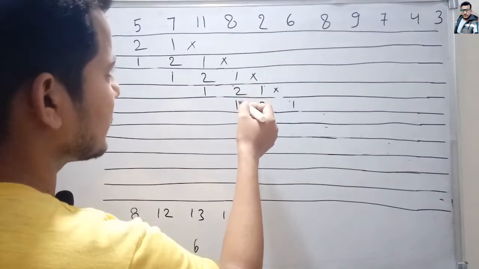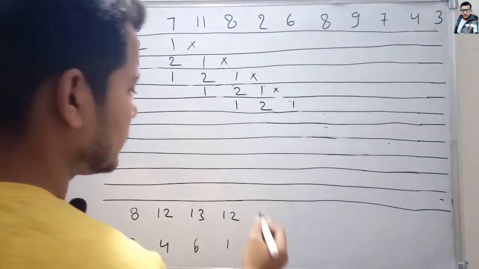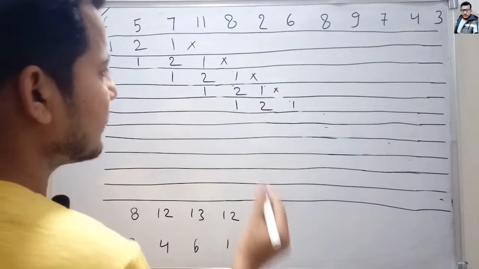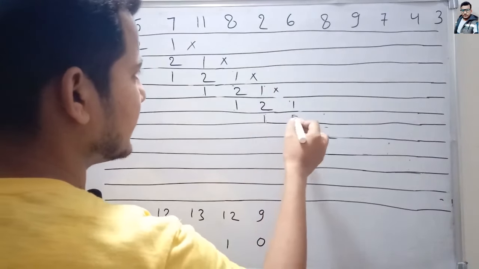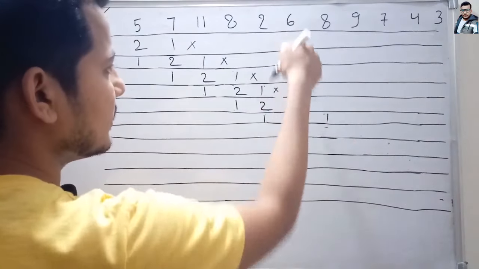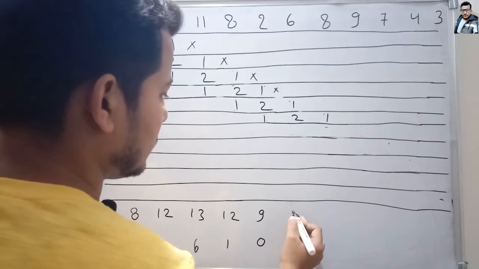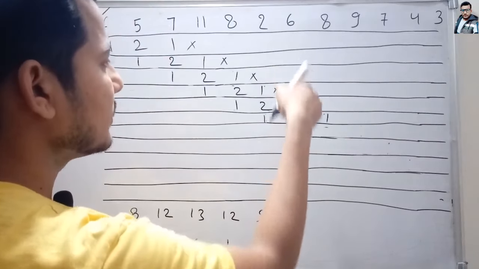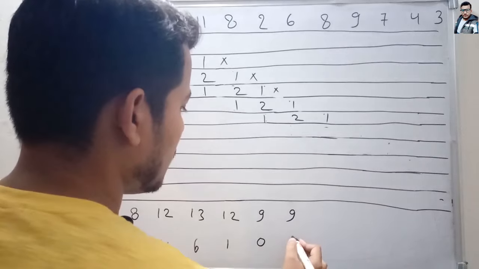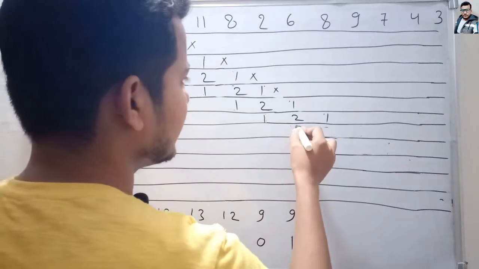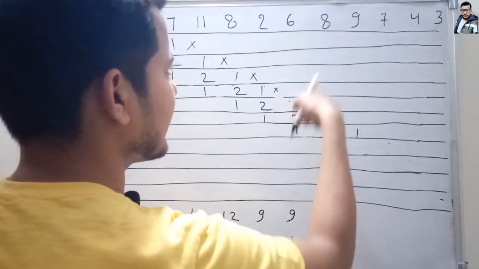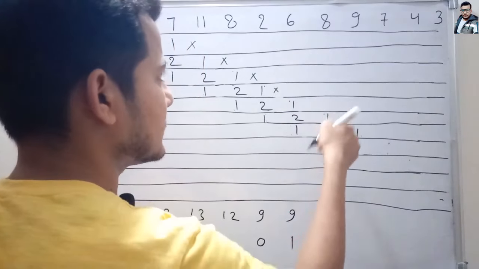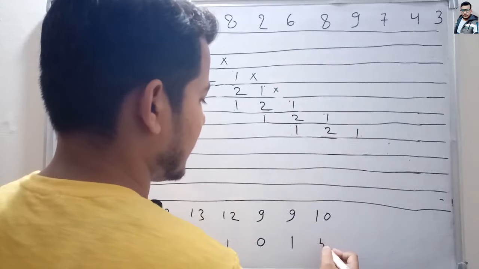Here 8 plus 1 is 9, 4 and 7, so the maximum is 9, and 8 minus 1 is 7, 0 and 5, so the minimum is 0. Again we shift: 3, 8 and 9, so we write 9, and the minimum is 1, 4 and 7, so 1. Again we shift: 7, 10 and 10, so we have 10, and 5, 6 and 8, so 5 is the minimum.